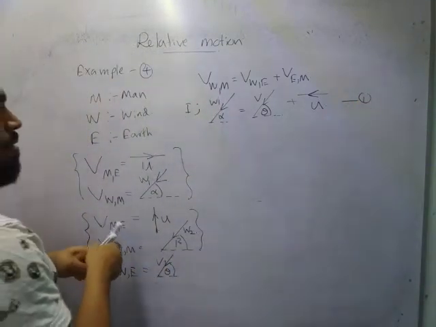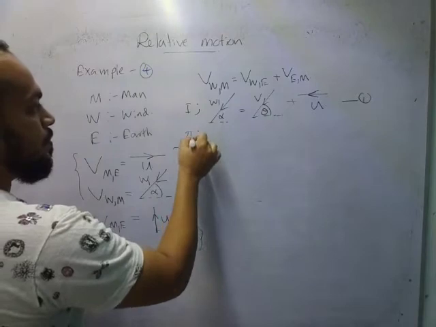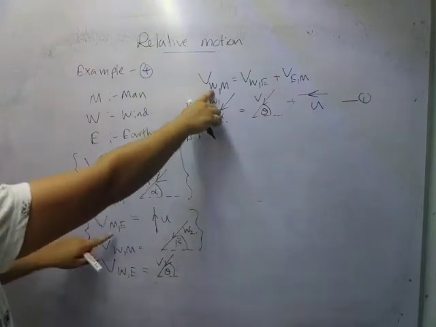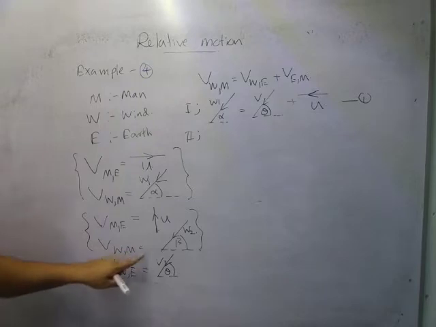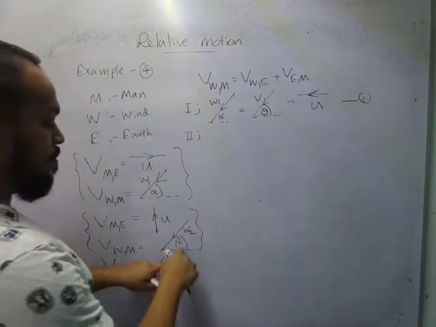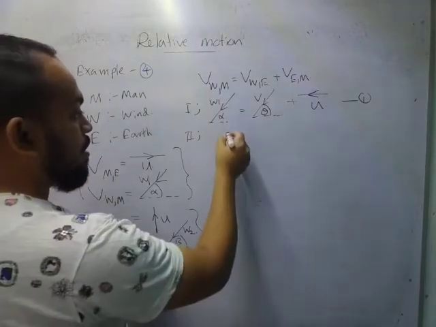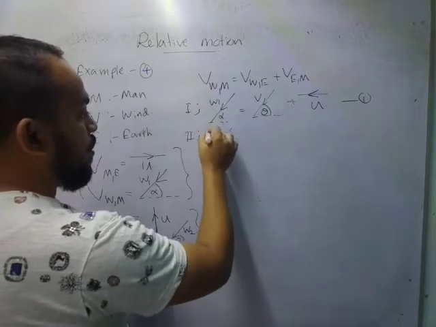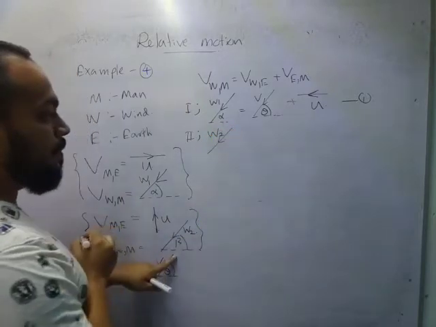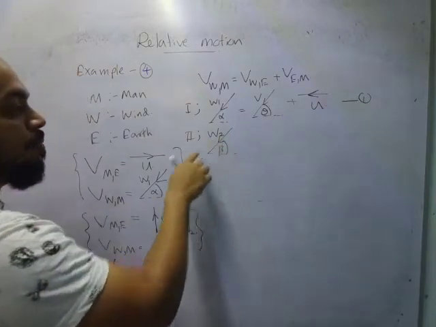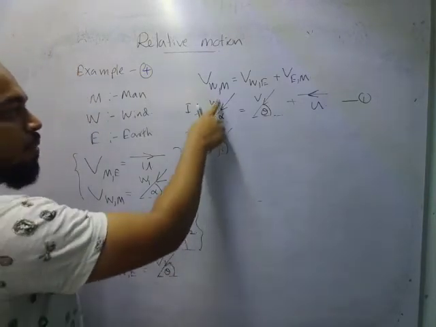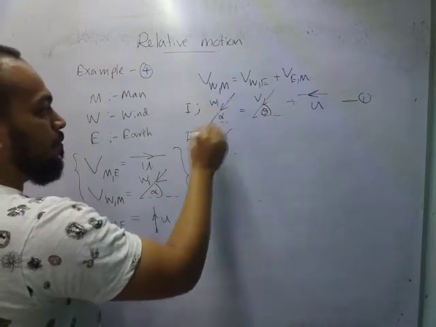Then the second scenario, velocity of wind relative to man is from a direction beta north of east. We don't know the magnitude of the wind, we only know the direction, right? So I represent the magnitudes by W1 and W2, because this is all about wind.